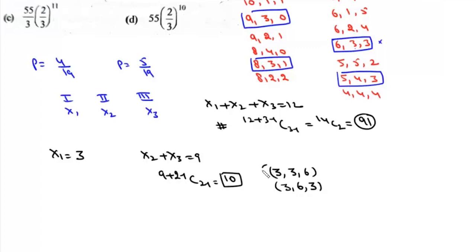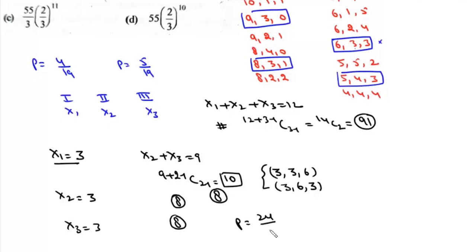So we'll discard these two cases. Then we have 8. So it'll be 8 cases when x1 is 3. In the same way, for x2 equals 3 we'll have 8 cases, and for x3 equals 3 we'll again have 8 cases. So the required probability when exactly one of the boxes contains 3 balls will be 24 by 91.